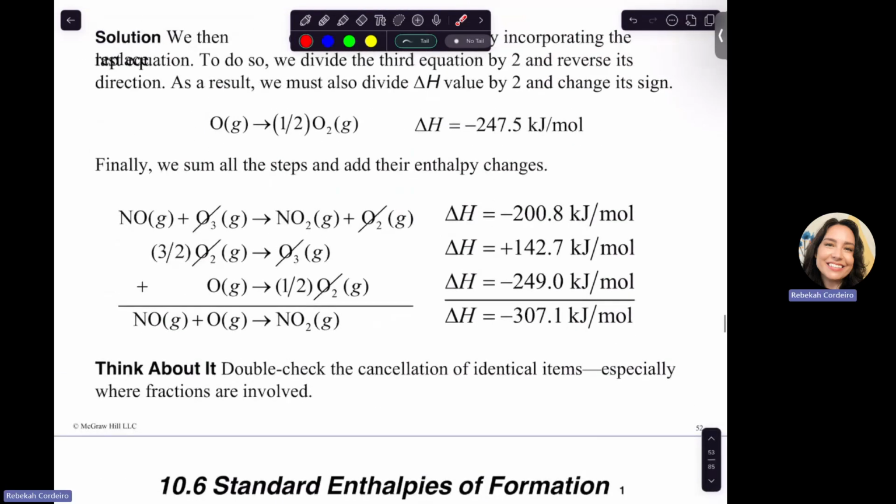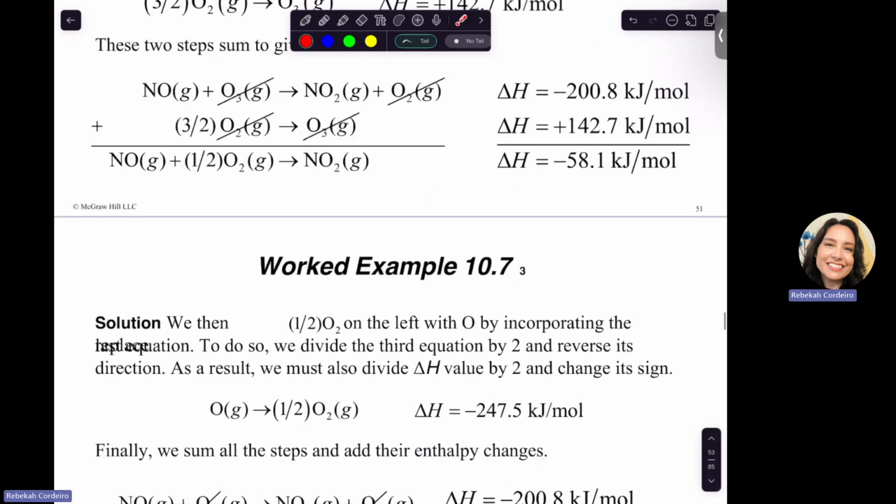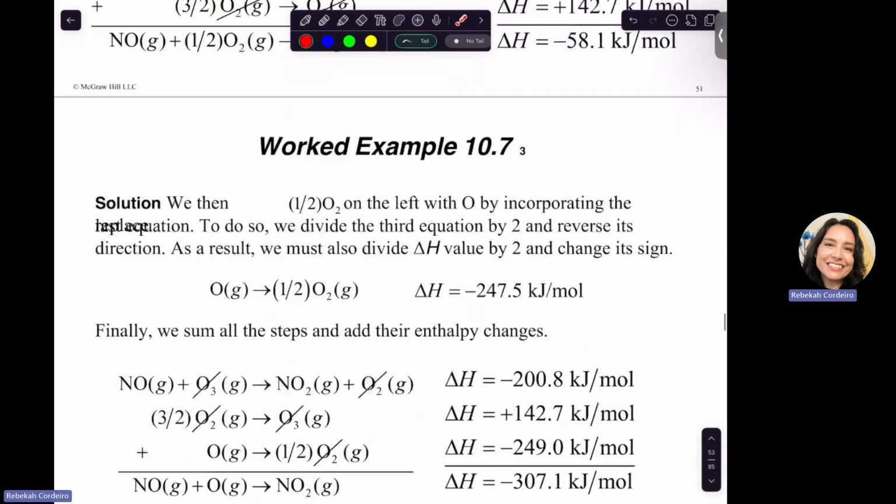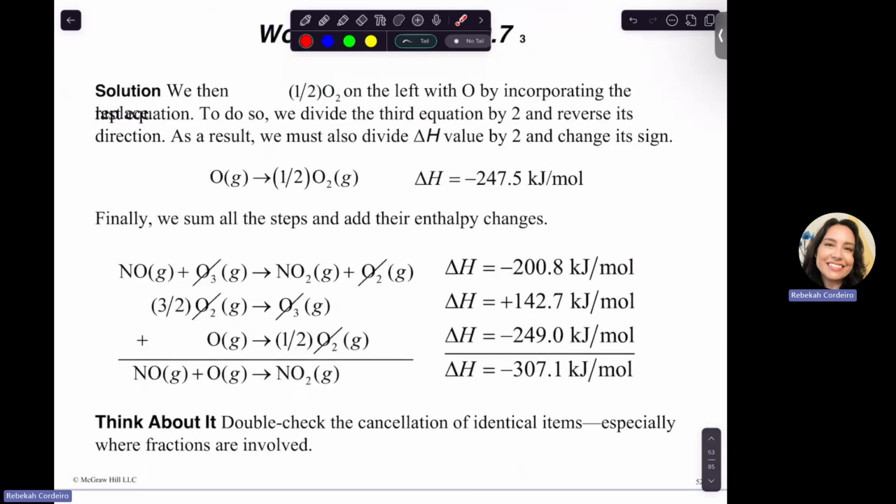And, oh wait, we got a totally different answer than what they got. Let's see. 142, negative 249. Okay, so I got the same numbers they have here. Maybe I just added them up wrong. I'm not in class where you can tell me if I'm right or wrong.